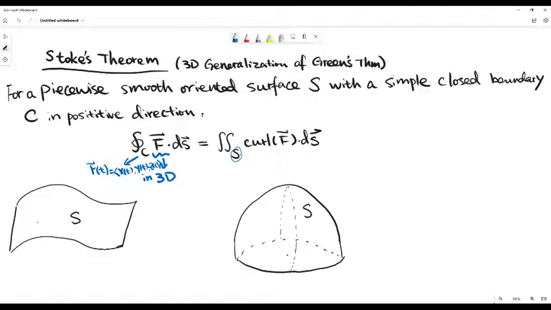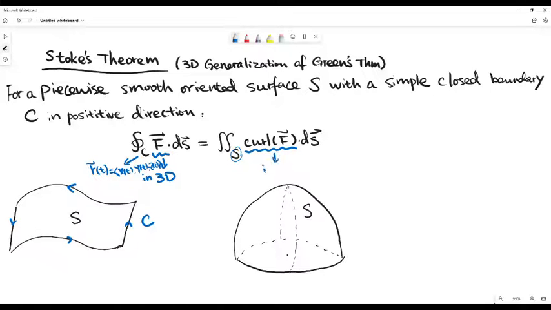So think about my picture here, right? For example, let's say this is my surface S. It's a curved plane. Now for this surface S, its boundary would be this edge here. That is my simple closed curve C, right? So this surface integral of the curl of a vector field.